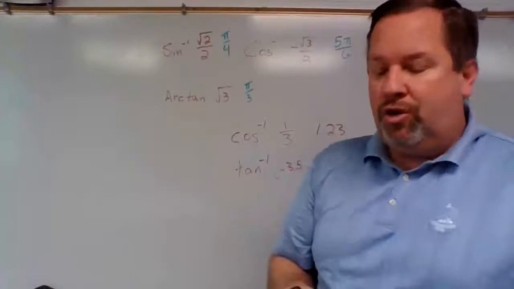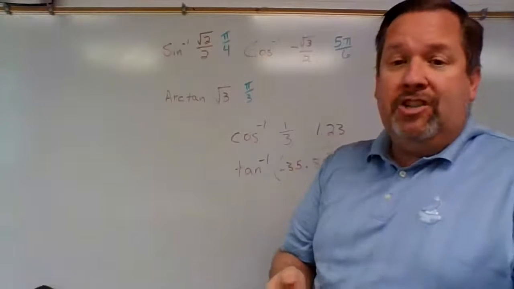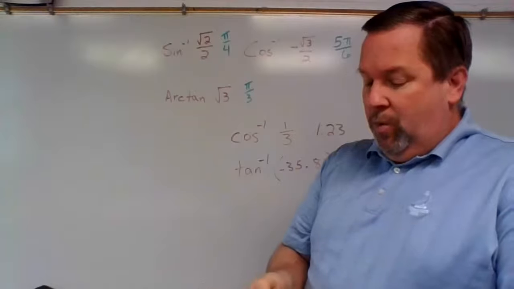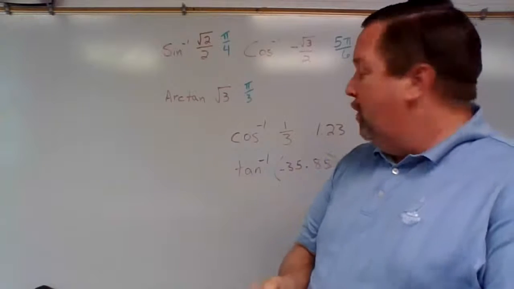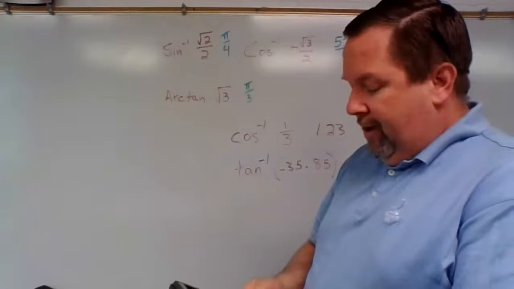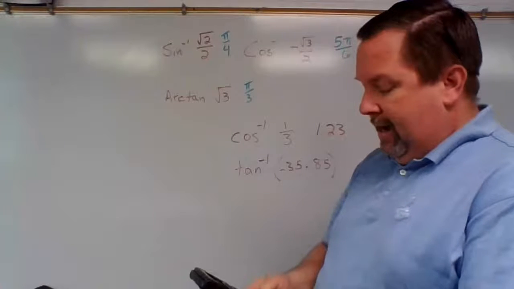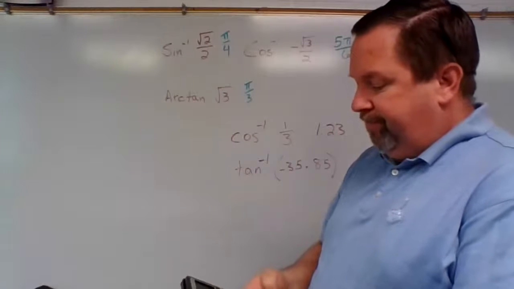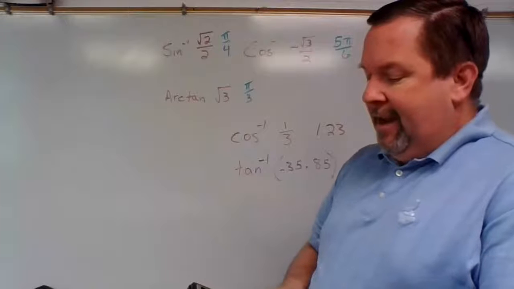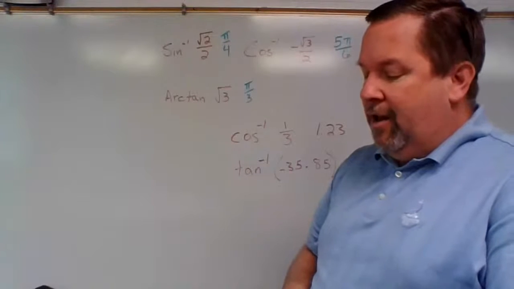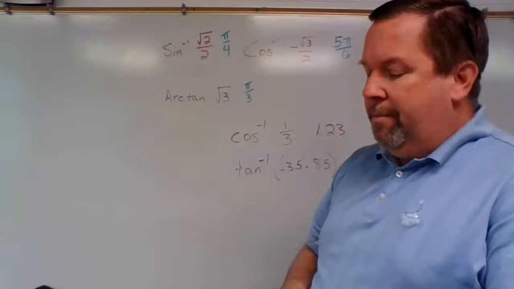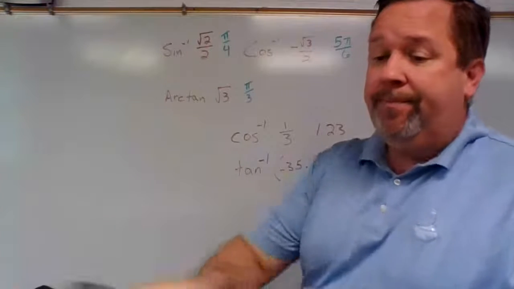And I don't know if that looks tricky or not, but it's super simple because it's just a calculator question. We do second tangent or arctan -35.85. And I get an angle of -1.54.